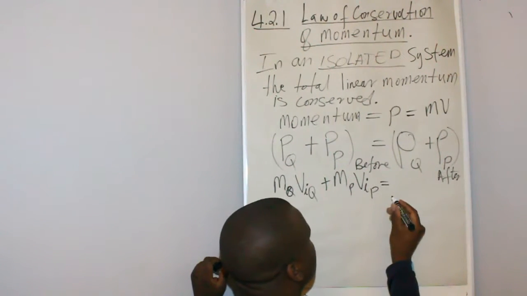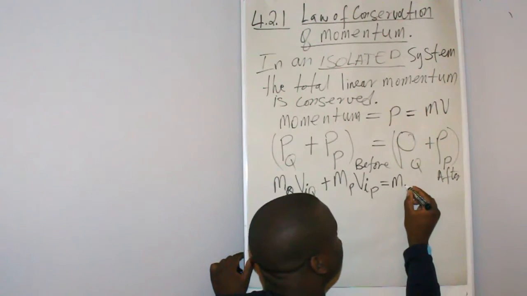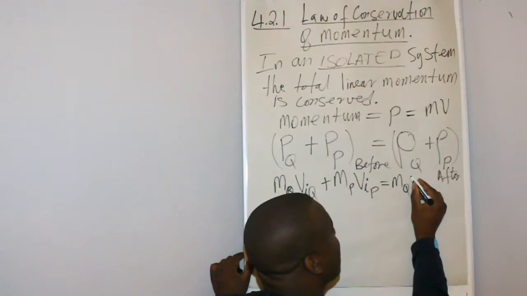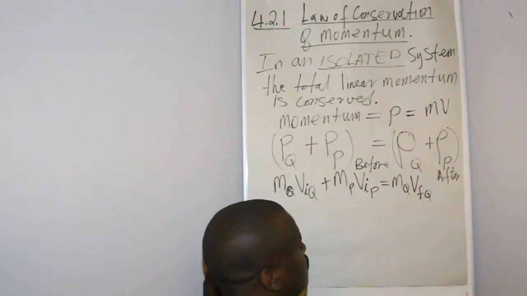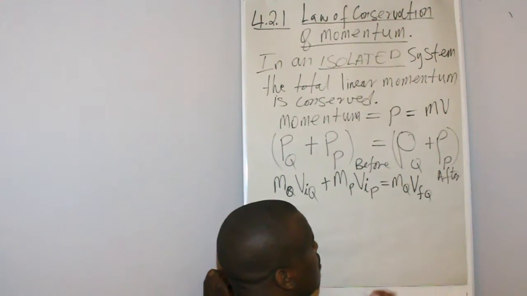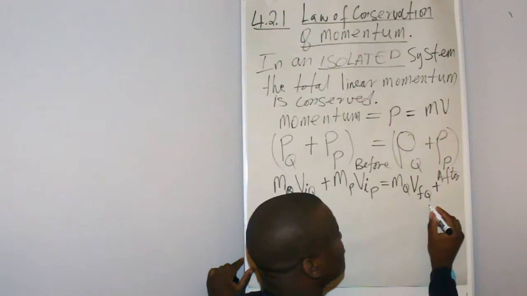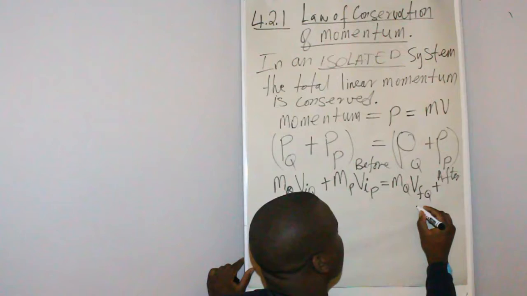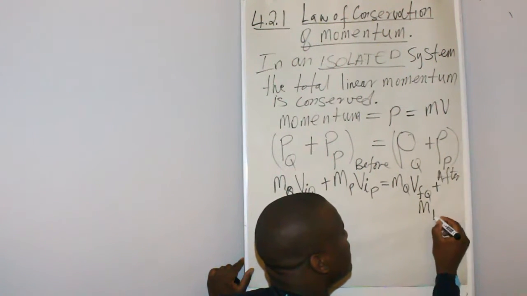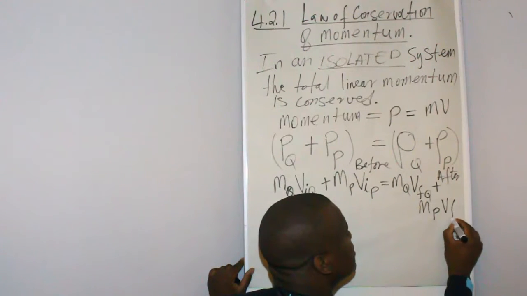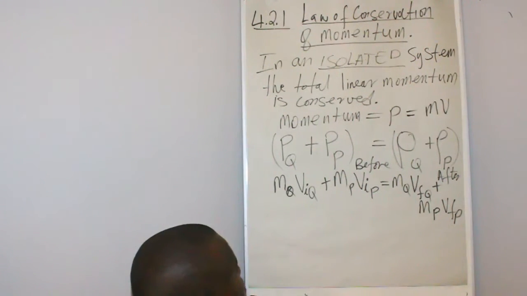This should be equal to what? The mass of Q times the final velocity of Q plus, I'm going to write it down here because I don't have enough space, the mass of P times the final velocity of P. This is what this looks like.